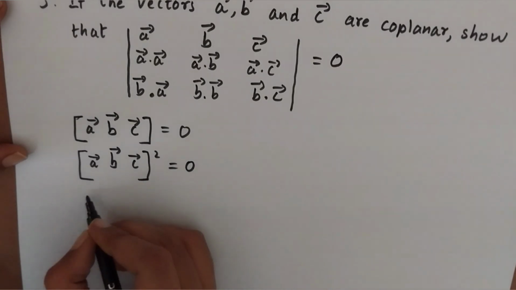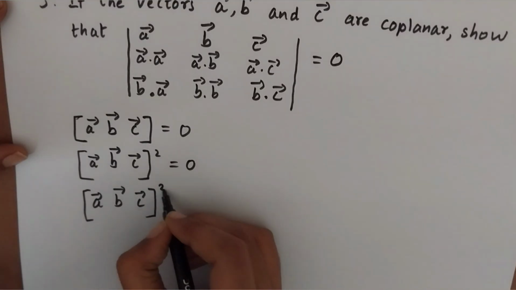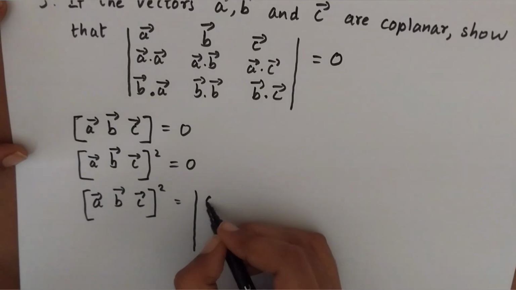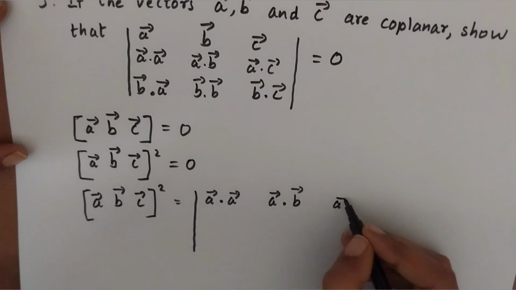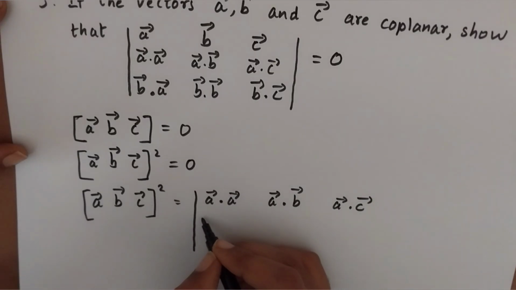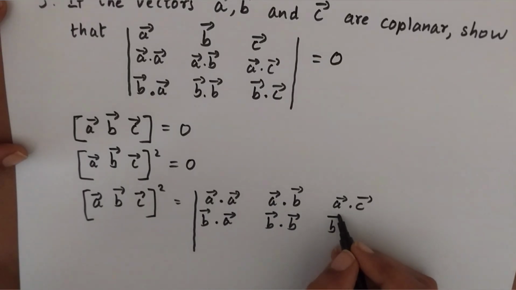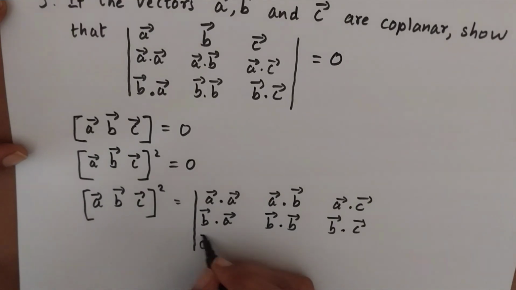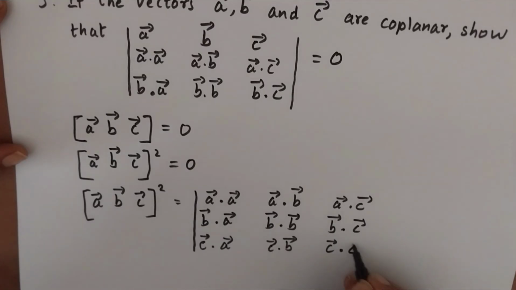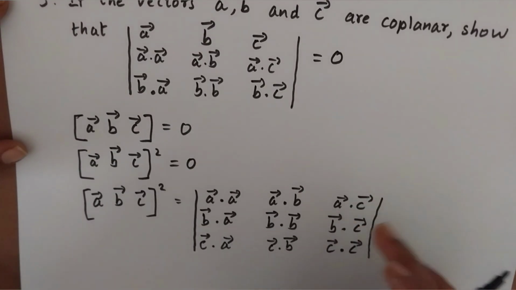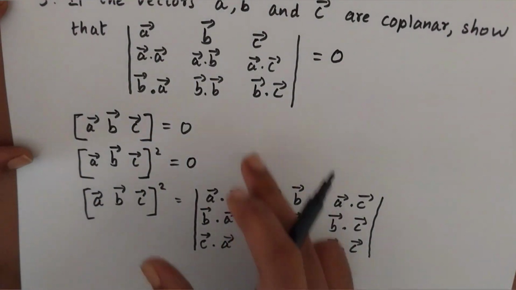Now box ABC the whole square is, this is an important formula, the determinant vector A dot vector A, vector A dot vector B, vector A dot vector C, vector B dot vector A, vector B dot vector B, vector B dot vector C, vector C dot vector A, vector C dot vector B, vector C dot vector C. Now if you look at these two determinants, we can see that these two rows are common in both the determinants.